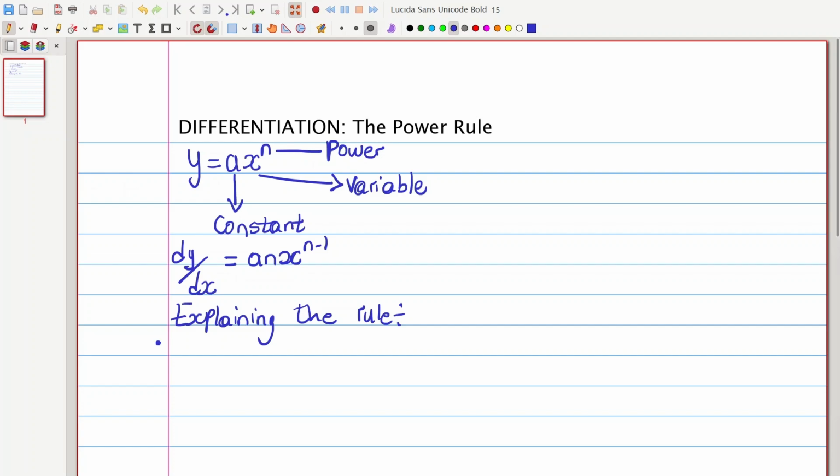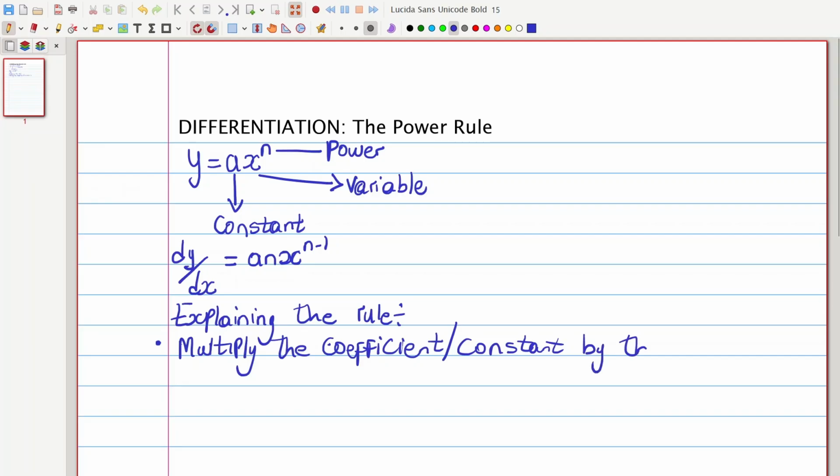Step 1, multiply the coefficient, which is the constant, by the power.